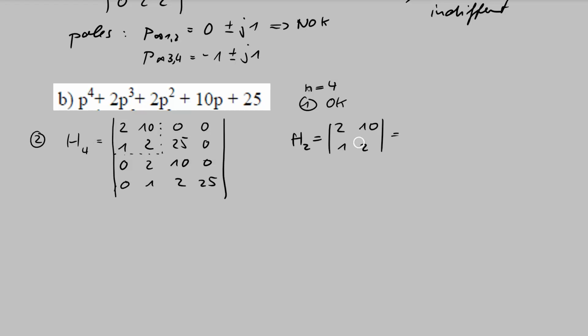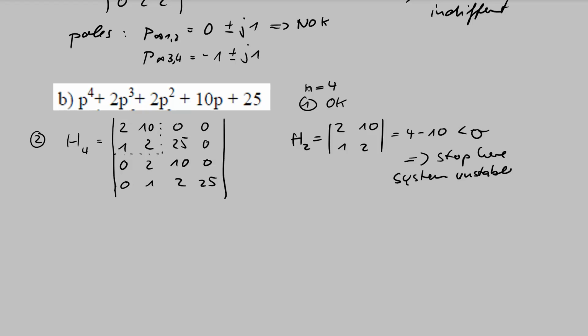This is 2 times 2 minus 10 times 1, and you see this is 4 minus 10. This is negative. That means we can stop here. System is unstable.